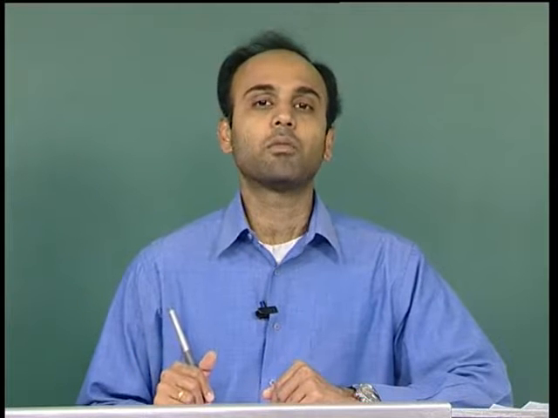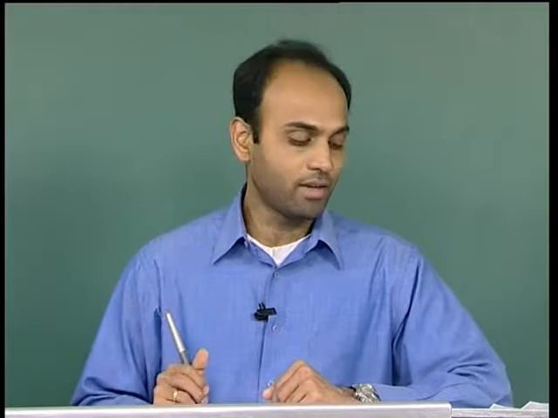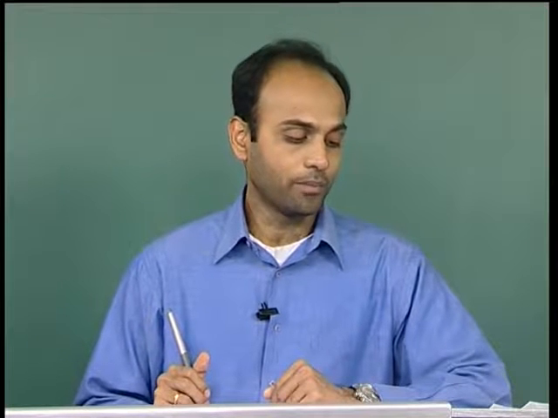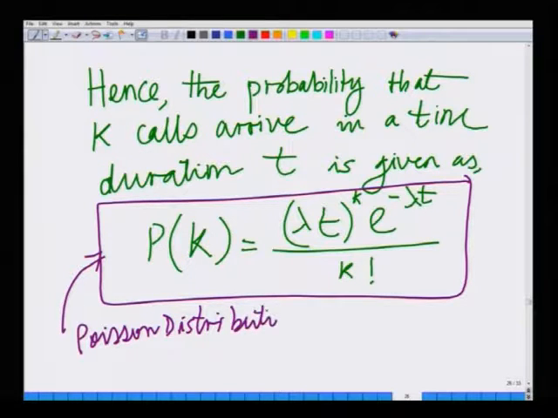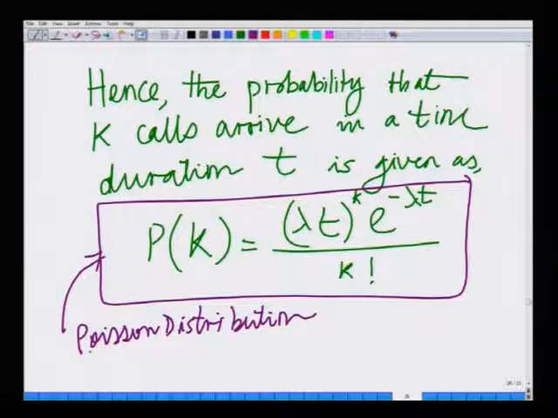All right, and hence you can see that this is the Poisson distribution, and it is defined at discrete points. That is, it is defined for 1 call, 2 calls, and so on up to n calls. It is a discrete distribution.